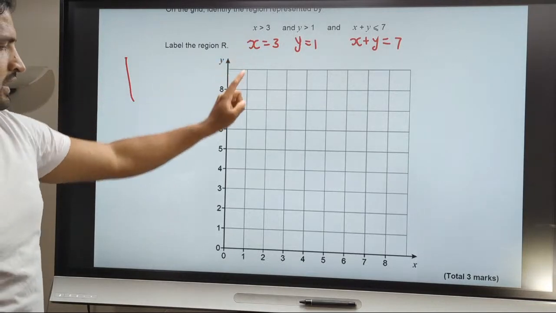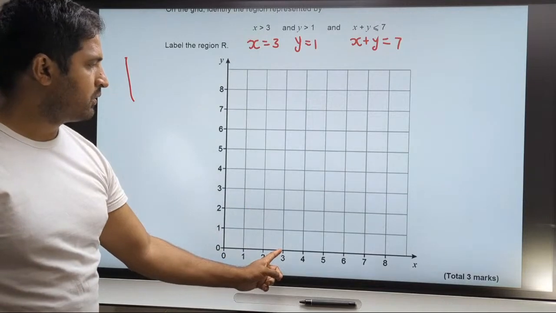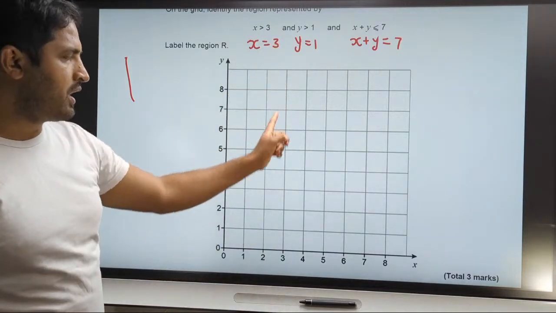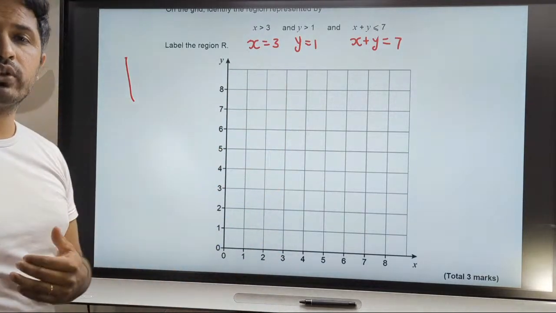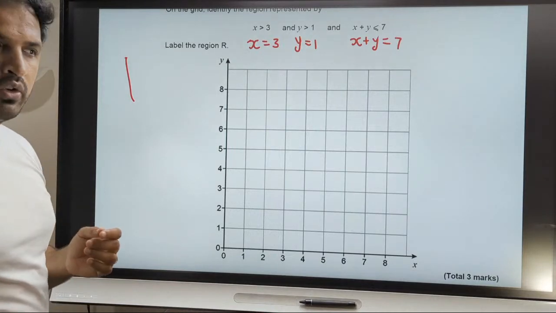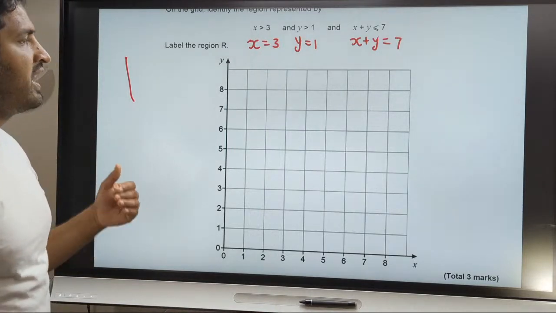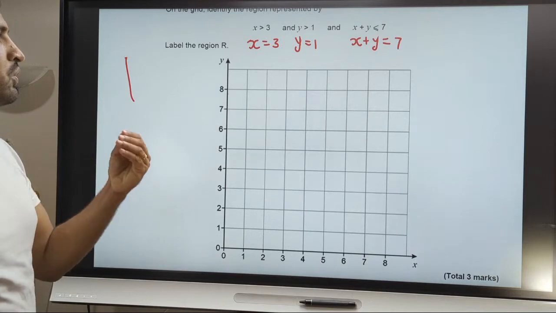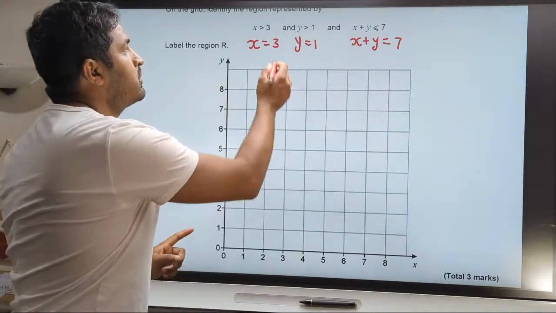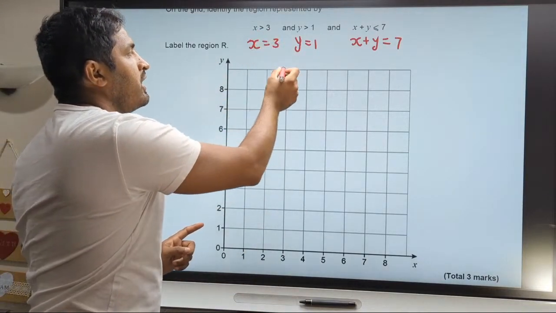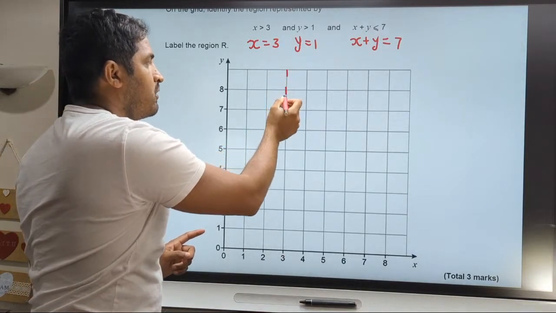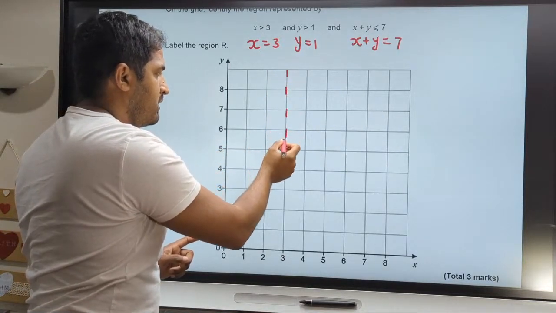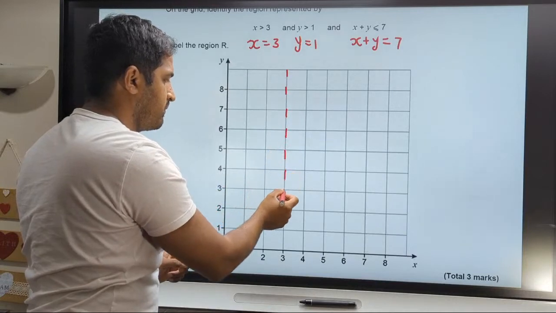So this is where x is equal to 3, and any point on that line, the x value is always going to be 3. We're going to label that one as x equal to 3, and we use the dotted line because this has to be strictly greater than 3. It makes it easier for us to draw the line as well.